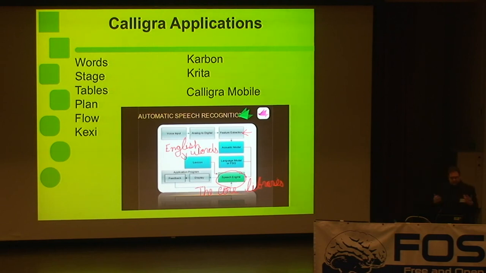The other applications in Calligra are Words, Stage, Tables. Those are word processing, presentation. I'm using Stage here to give my presentation, and it hasn't crashed yet. Tables, spreadsheet, Plan, it's a project planner. Flow, a diagramming application which has been dead for a long time. When we moved from KDE 3 to KDE 4, from KOffice 1 to 2, a couple of applications really fell by the wayside.